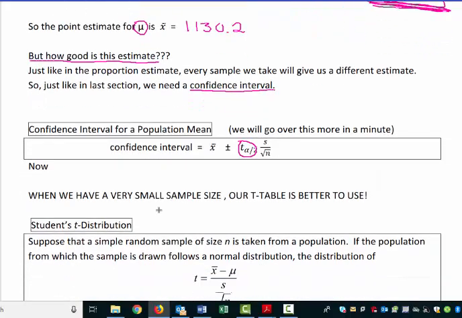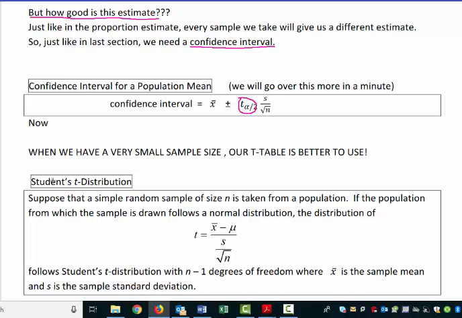There's some guy named Student. Actually, his name is not really Student. This is his pseudonym. But he came up with this T. The reason he came up with this T is he was working for some brewery. I think it's Guinness. It's in your book.